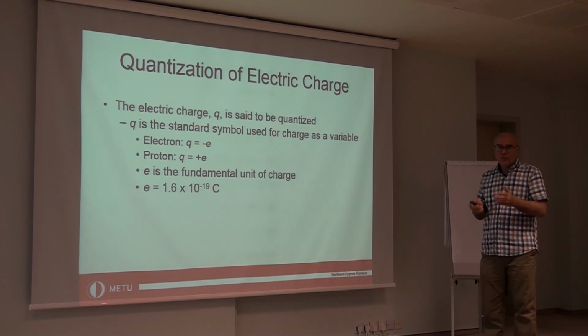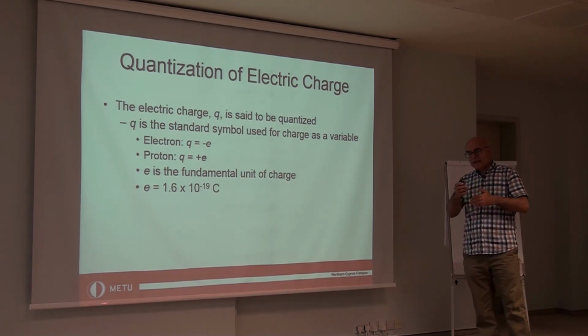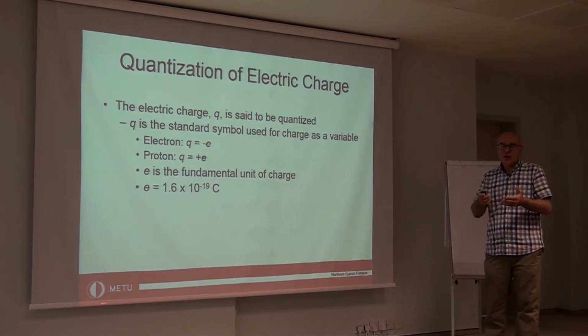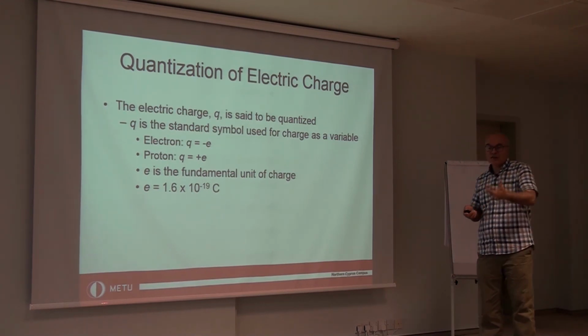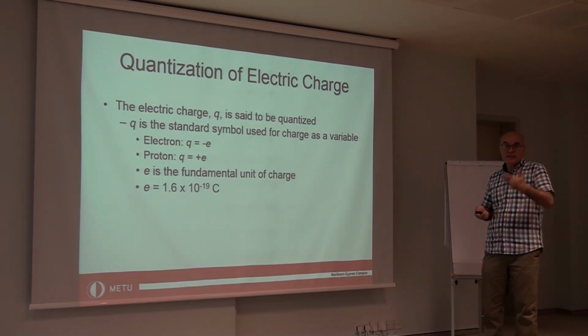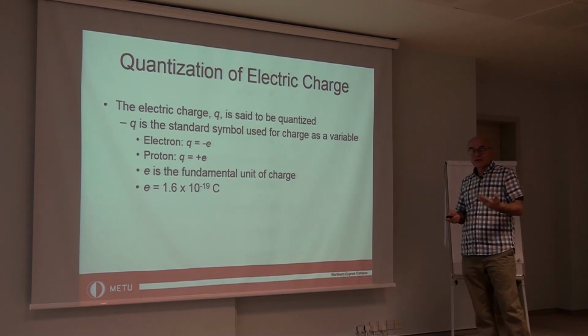So therefore, since charged objects are just objects which have an excess or deficiency of electrons, for example, we accept that the charge that appears on them will be an integer multiple of the electron charge.